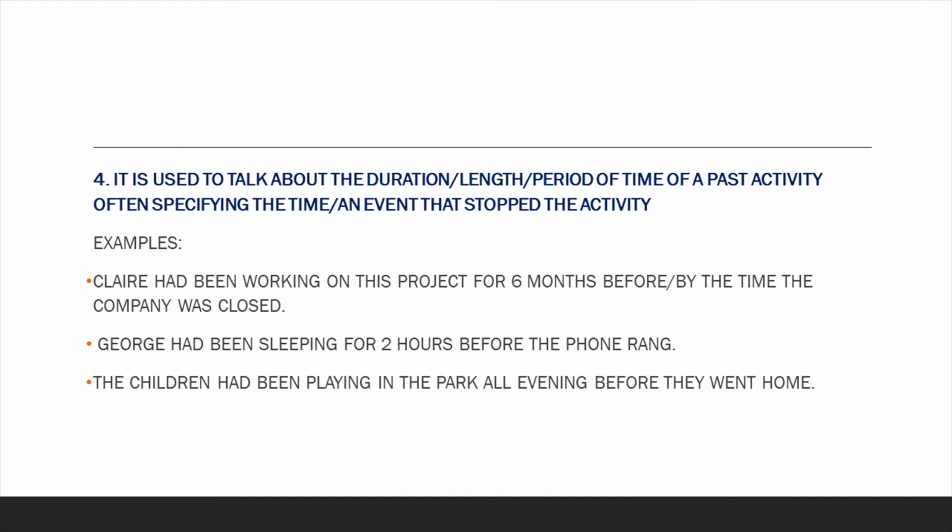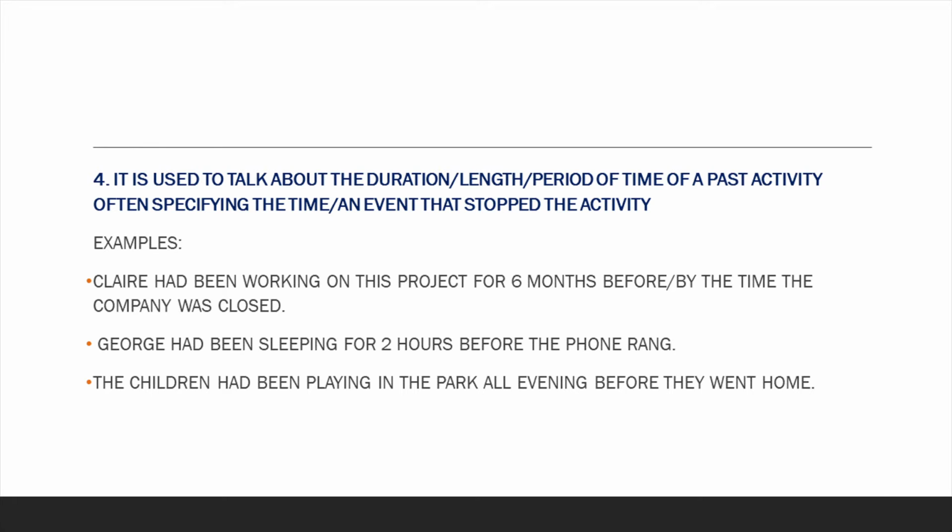So the activity of working on the project continued until the event of the closing of the company happened. So that action continued up to an event that actually stopped the activity. So this is how clearly you can explain using the past perfect continuous tense.